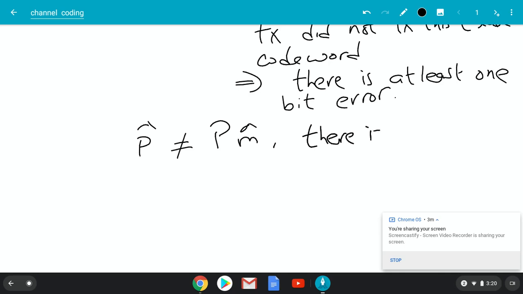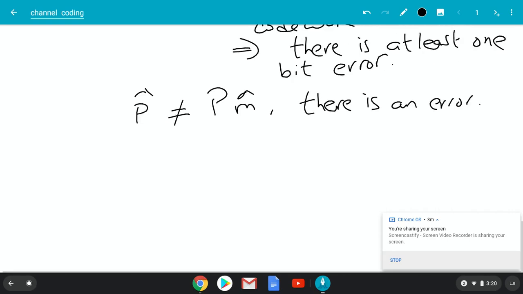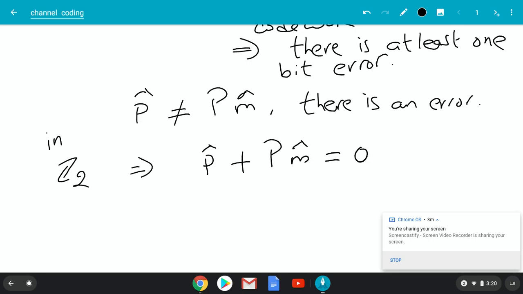Okay, so remember you're now in this new number system in Z2, right? So in Z2, this implies P hat plus capital P times M hat equal to 0.